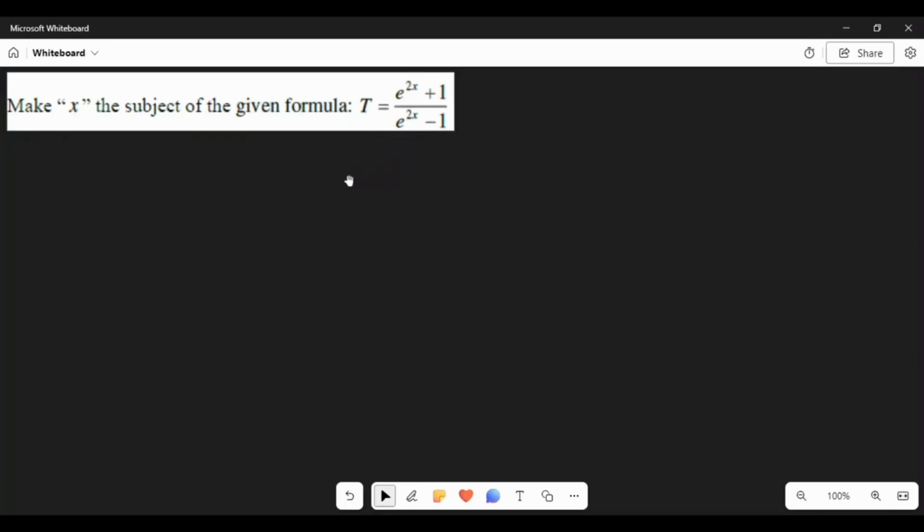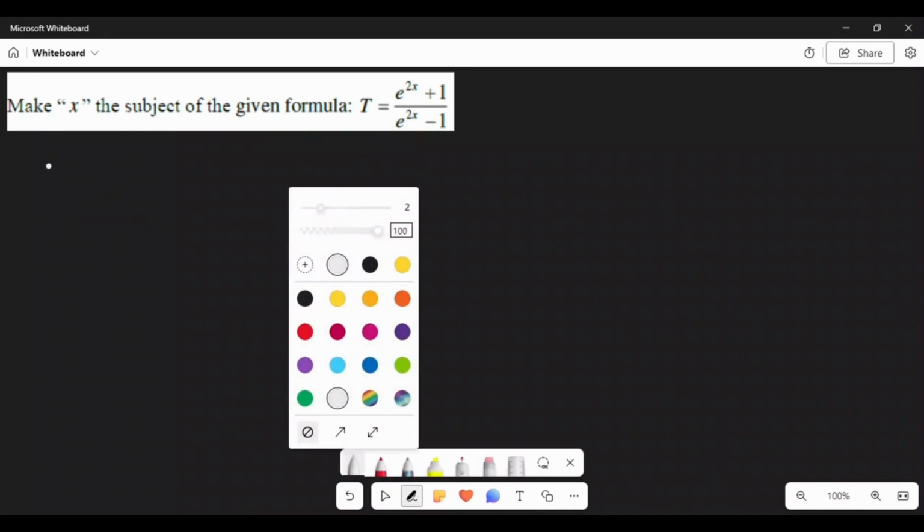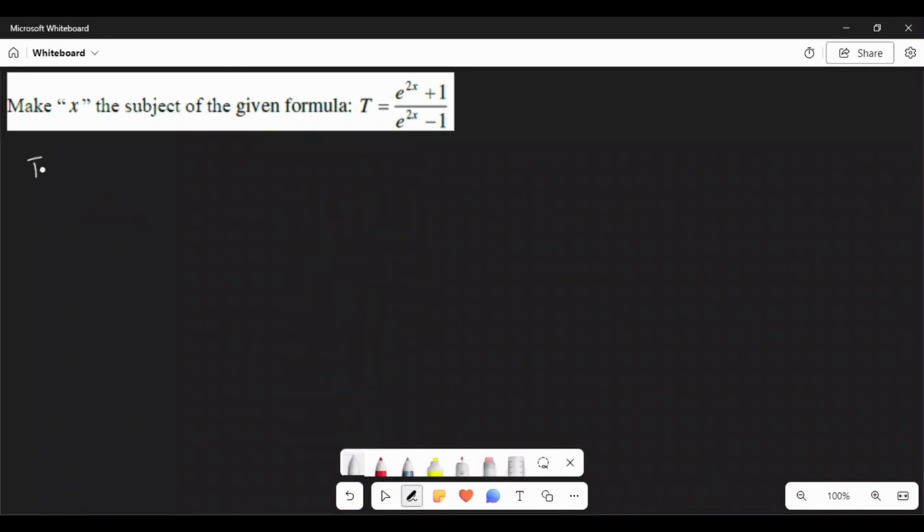So what you can do is cross multiplication. So you can say t, let me just do it very quickly, t multiplied by the denominator on the right hand side.